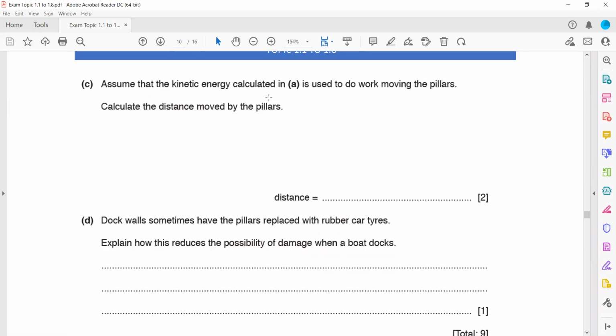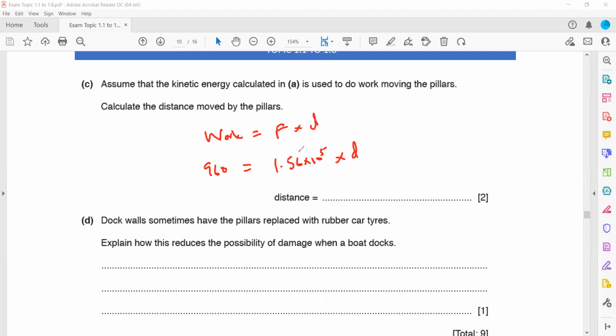Then we have to assume that the kinetic energy which we calculated was used to do the work done. So calculate the distance. Work done is equal to force times distance. The work done is the kinetic energy, which was 960. The force which we calculated is 1.56 times 10 to the power 5. And the distance we don't know.